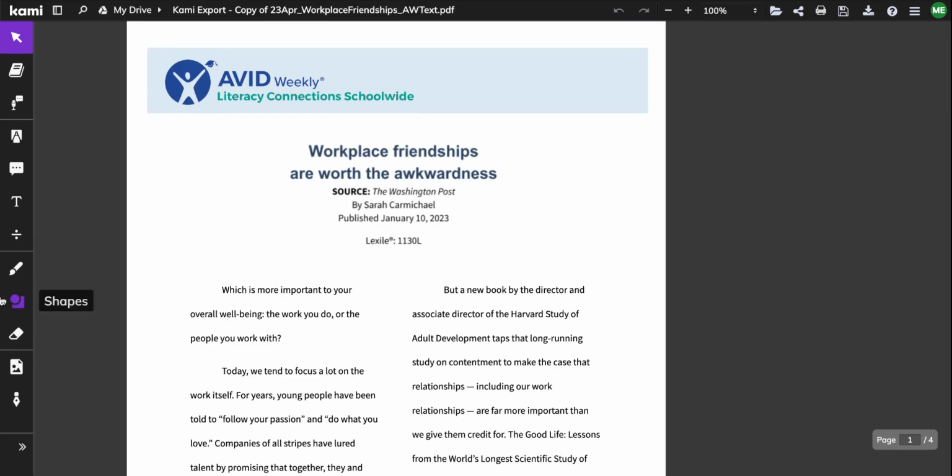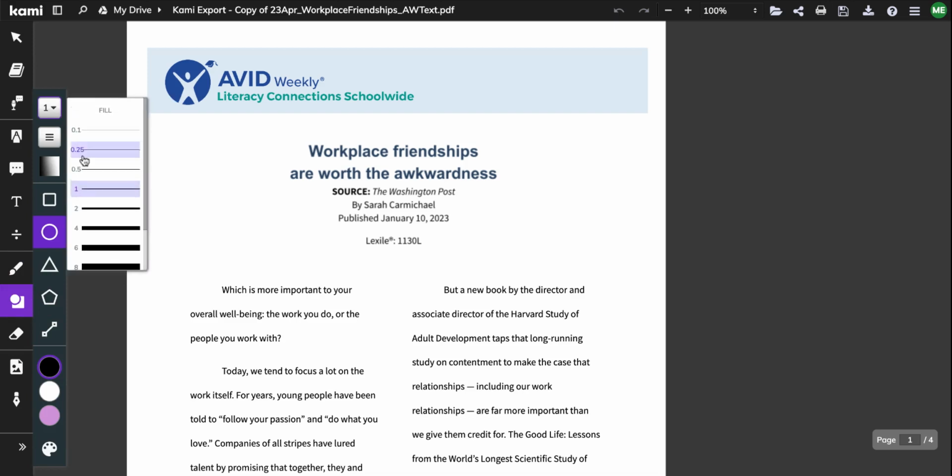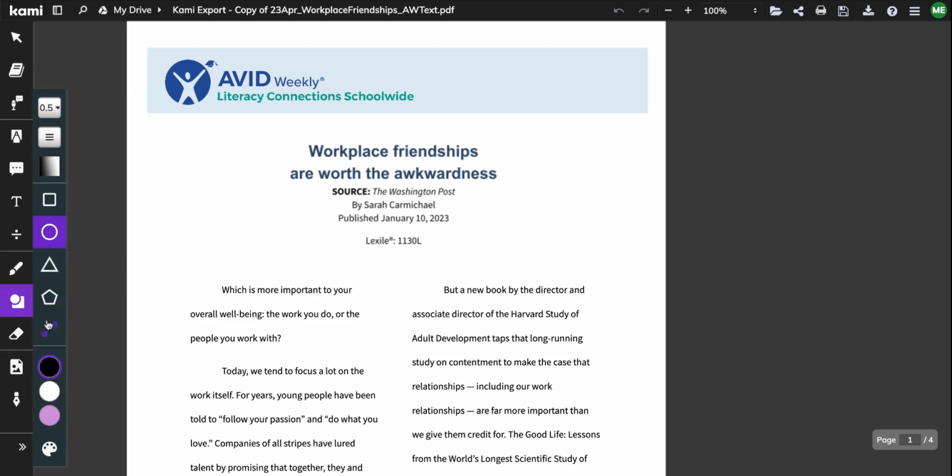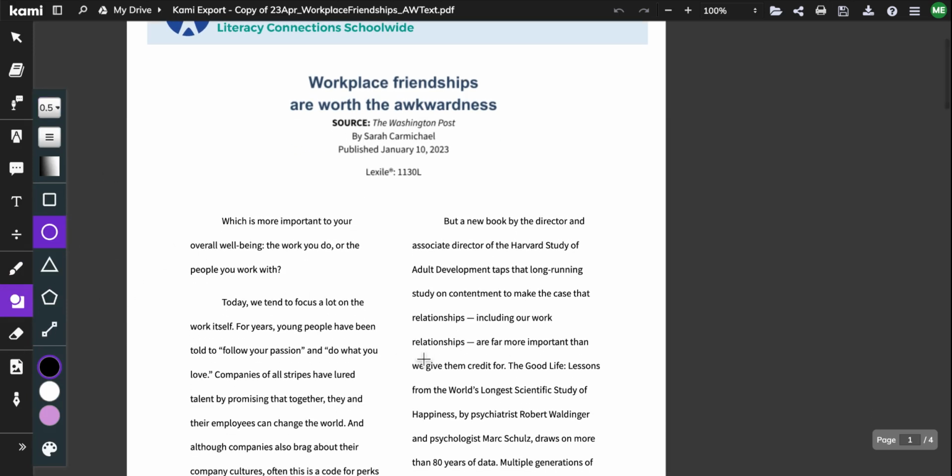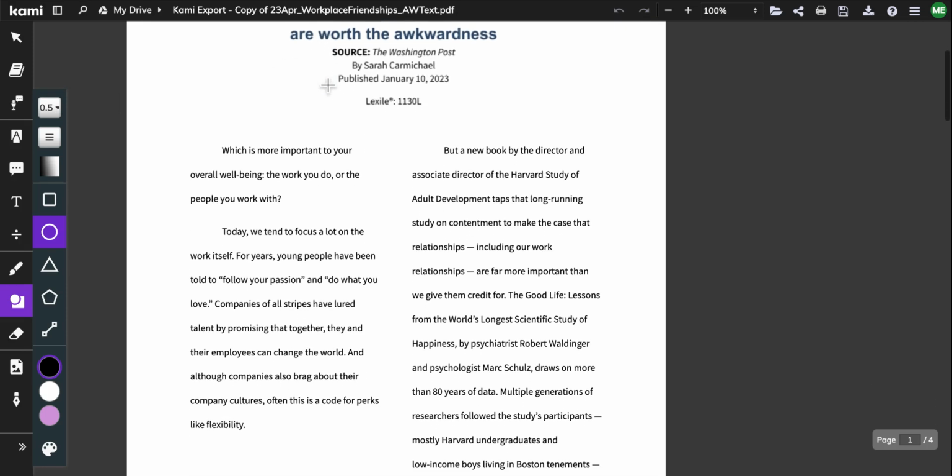I just wanted to show you what I mean by the third read, scholar. When it comes to the third read, we are circling, so we're going to click shapes here. We're circling those keywords.